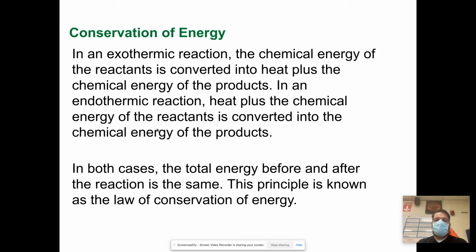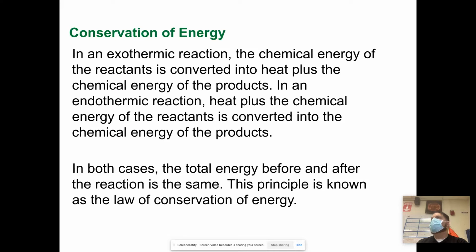Okay. Now, in an exothermic reaction, the chemical energy of the reactants is converted into heat plus the chemical energy of the products. In an endothermic reaction, the heat plus the chemical energy of the reactants is converted into chemical energy of the products. In both cases, the total energy before and after the reaction is the same.